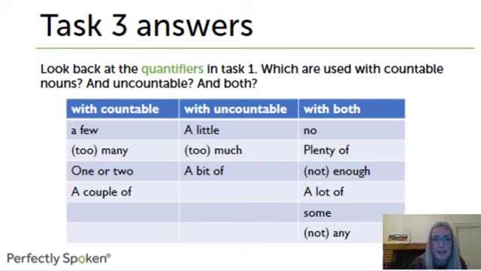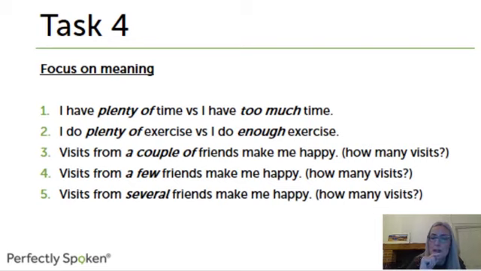Okay, I've got some questions about meaning here, and I wonder if you can help me with the differences in meaning. So, do you know the difference between I have plenty of time and I have too much time? They do not mean the same thing. So, what's the difference in meaning?